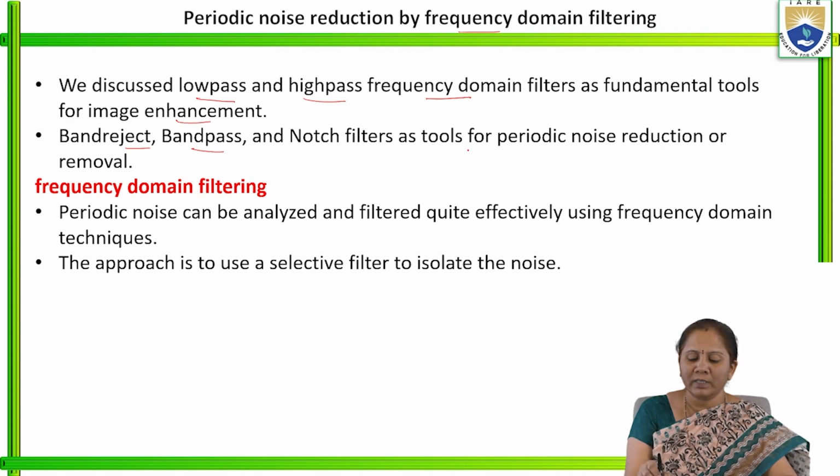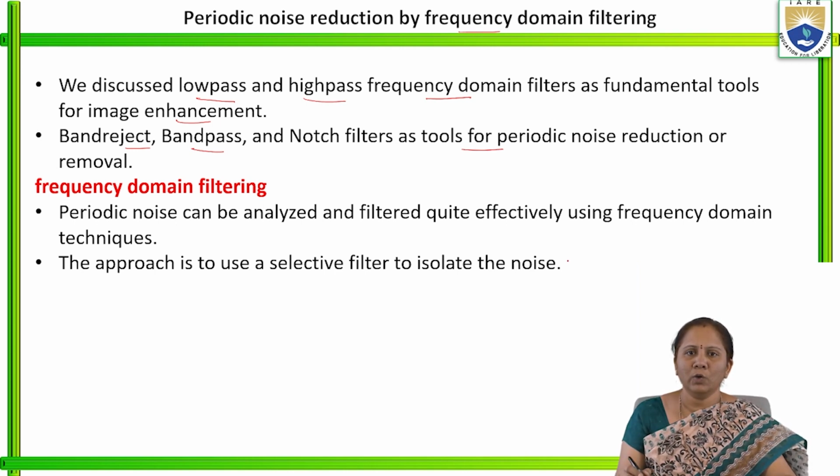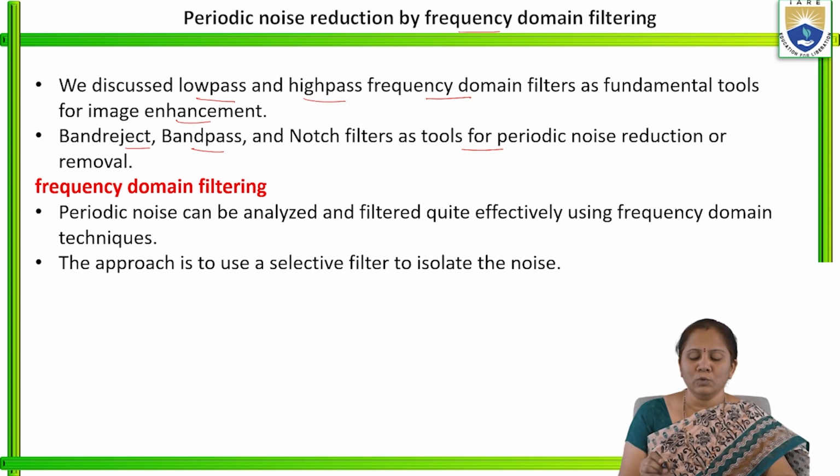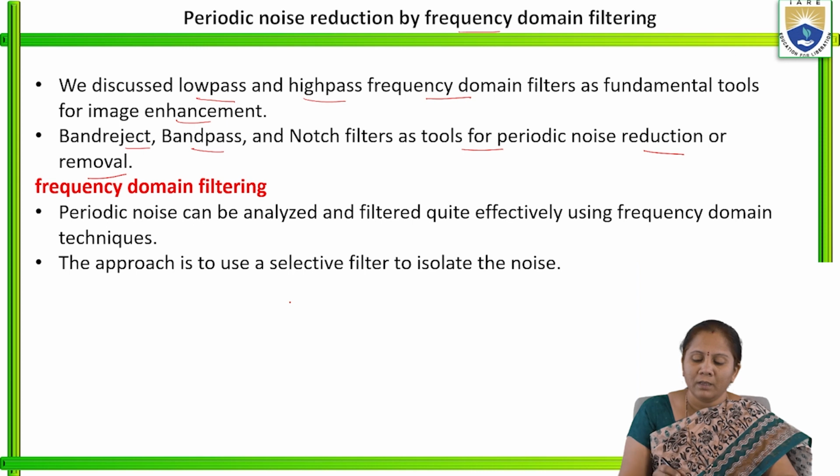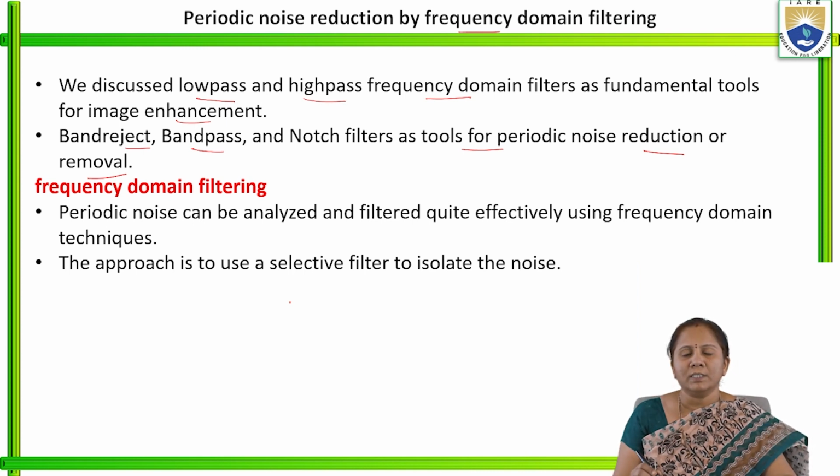All these are different filters we can use in order to reduce the periodic noise in the frequency domain. By using these filters, image restoration can be done by removing the noise.